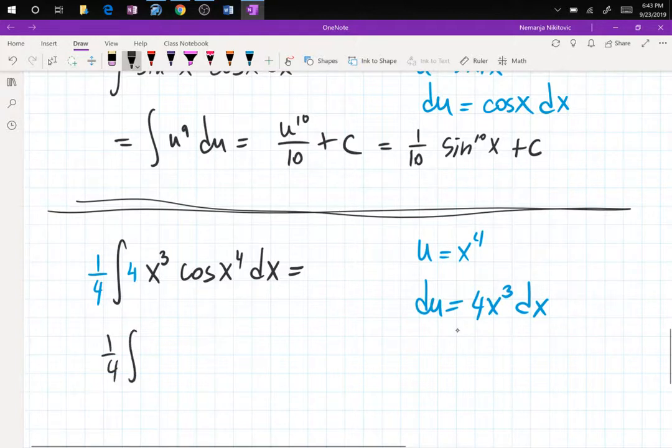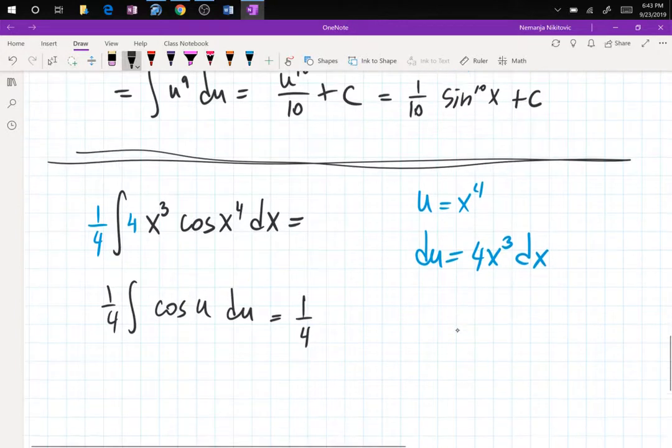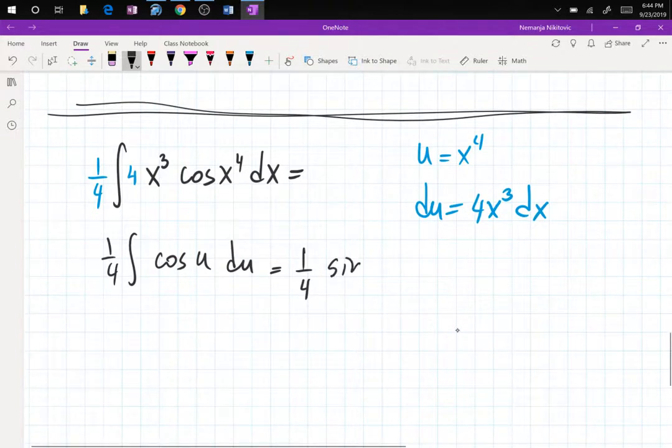So 1/4 integral of cosine u du. What's the integral of cosine? Sine of u plus c. I don't care about u, I care about x, right? So we'll go sine of x to the 4th plus c.